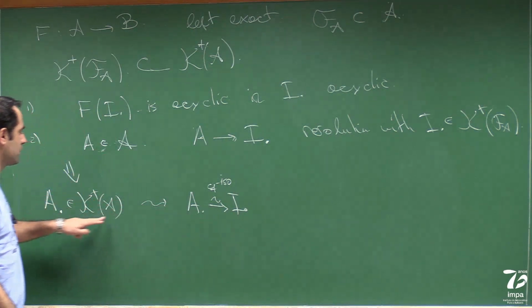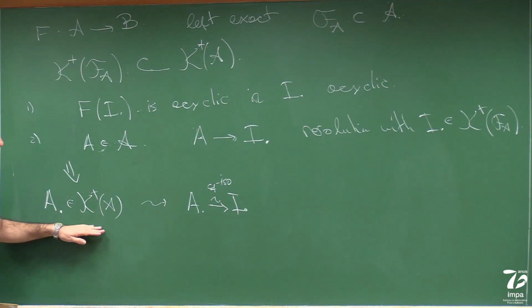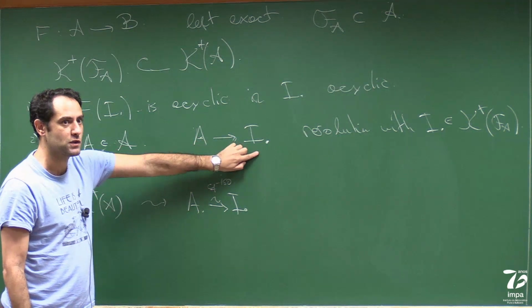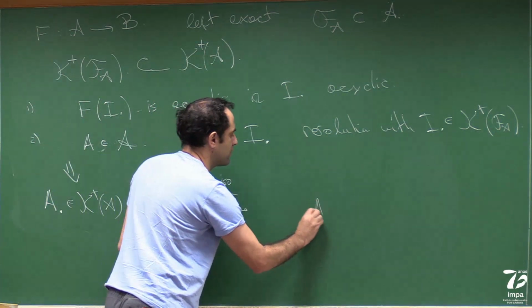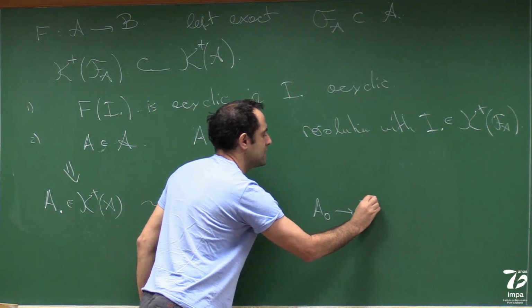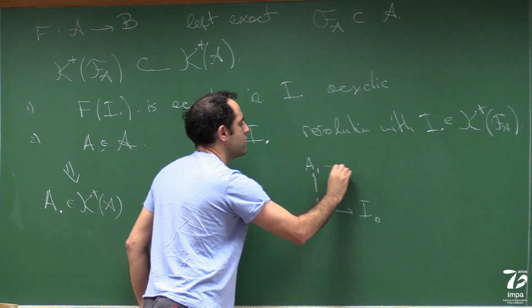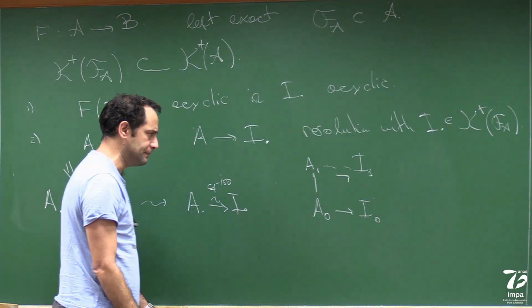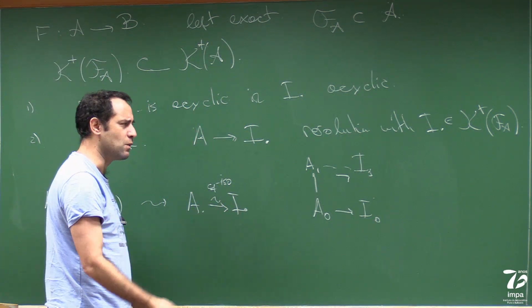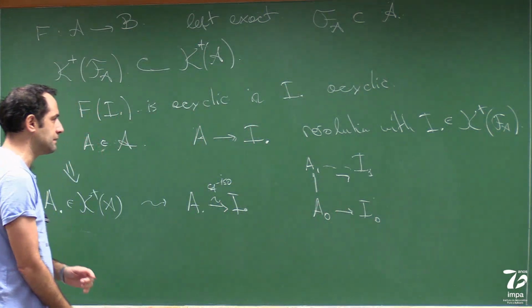You grab A0, let's say that this is bounded below, because this is in K plus. Let's say that it's bounded below at 0, you start with the first guy, you find your resolution, and then you do the same trick that we did before. So we had this I0, and then some A1, and you use this to construct some I1, some sort of Cartesian diagram, and then we needed to mod out by something. But you just construct the same way this isomorphism.